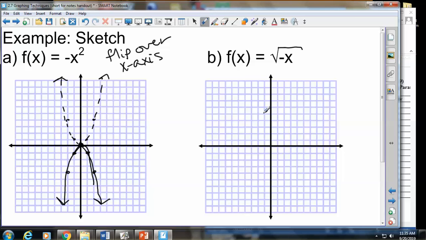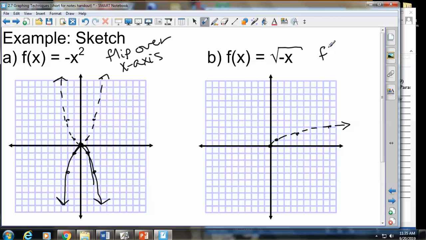Second one, what's my parent function? 0, 0, 1, 1. What would be another good one? 4, 2. You could do 9, 3 if you wanted. It's just our square root. Okay? Negative on the inside.